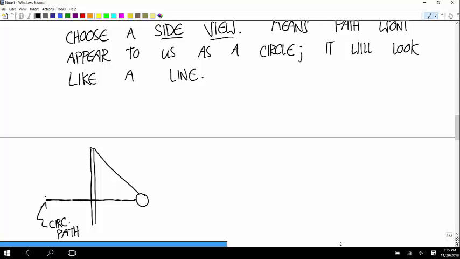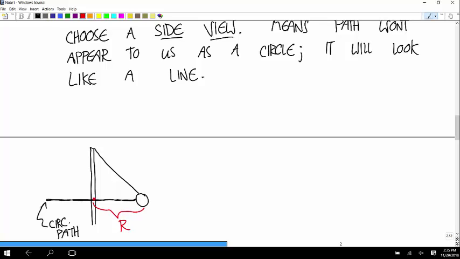Now, remember the radius of the circle is important for calculating the centripetal acceleration. So where does the radius of the circle appear on this? From the center here to, yep, so this here is the radius.